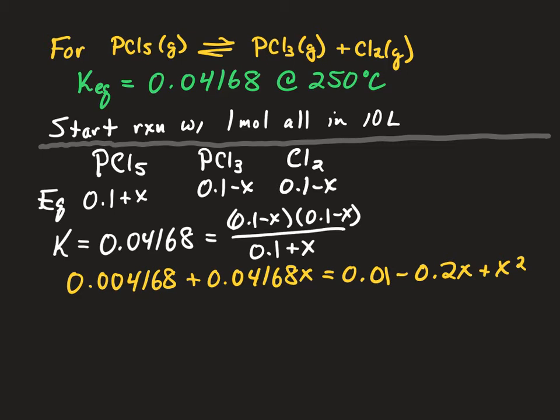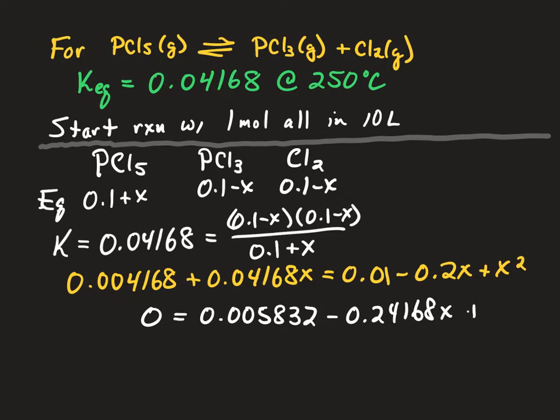And then when we gather our terms, we get 0 equals 0.005832 minus 0.24168x plus x squared.